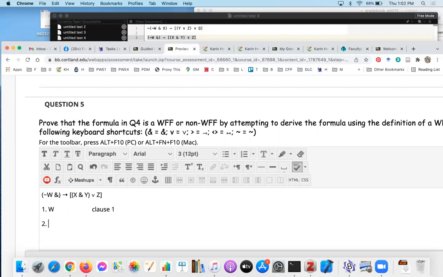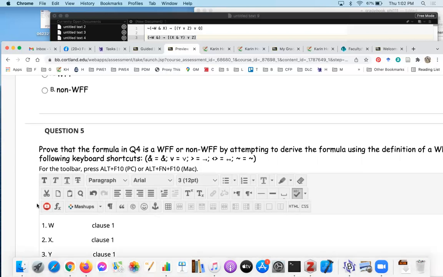Silly Blackboard. So I'll go back and clean those all up at the end. Okay, so clause 1, right, says that all of these capital letters that I'm building are well-formed formulas. So I also needed a Z. Okay.